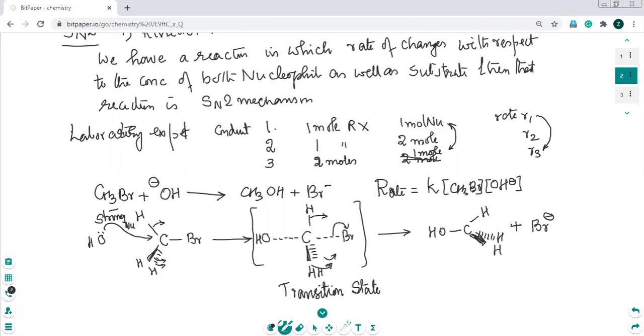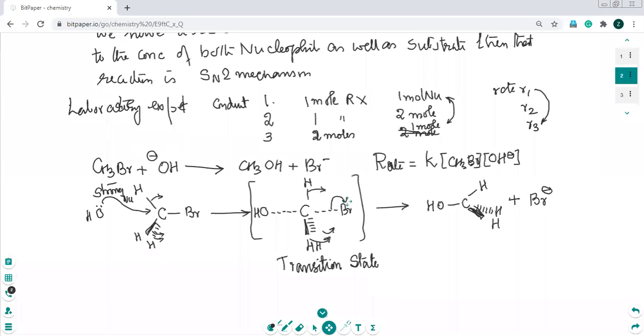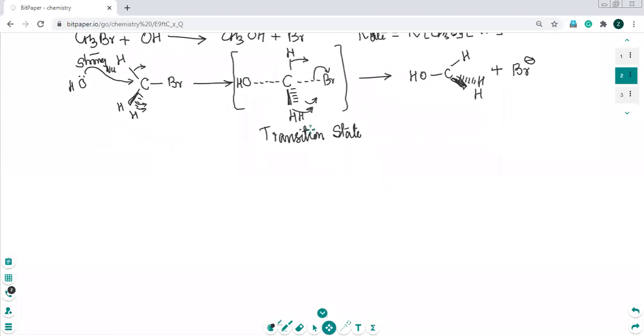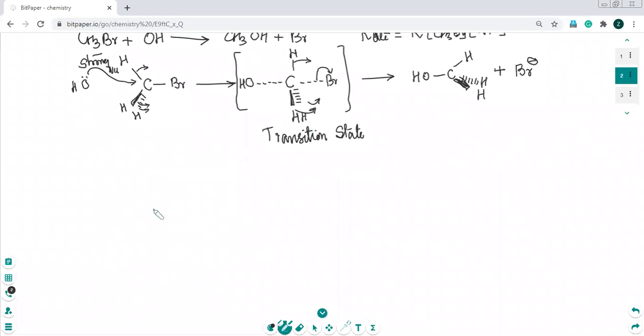And what is the consequence of this? You can see there is an umbrella inversion occurring here. What is the meaning of umbrella inversion? I hope you can understand the concept. Assume you have an umbrella and you are walking. Suppose the wind is very strong.